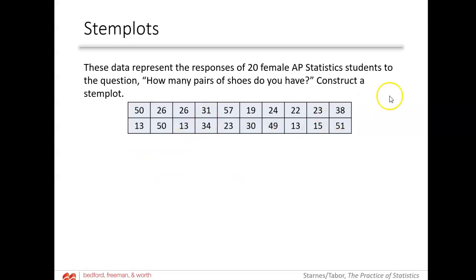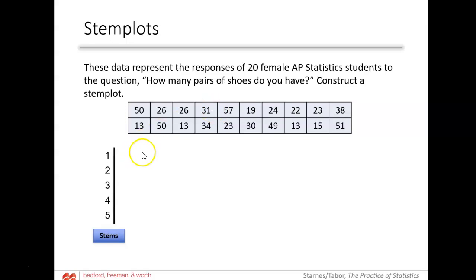Anyway, I would like to see the side-by-side stem and leaf comparison. So what they did is they noticed they had nothing but two-digit values. So the stems will be the tens digits, the 5, the 2, the 2, the 3, okay? And the leaves will be the numbers that occur after it.